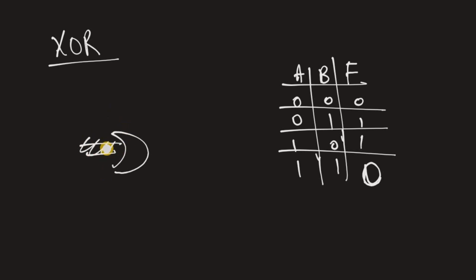And the symbol is going to look like this. You have an OR gate, but you have a little symbol like this. Okay, so that's the symbol for the exclusive OR.